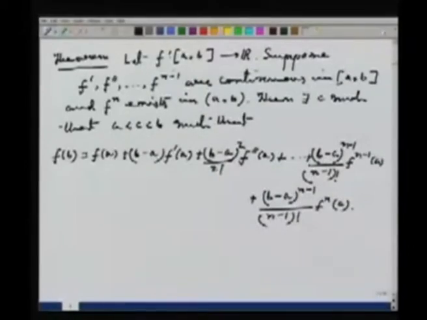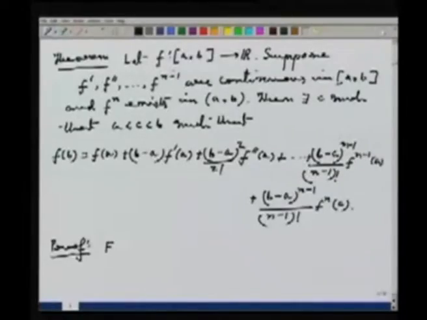Now let's try to prove this. Well, the proof goes like this. First, I am going to define a function capital F, but the function F will depend on n. So I define capital F_(n-1) at x. The idea is you keep b, put x instead of a in the above expression.